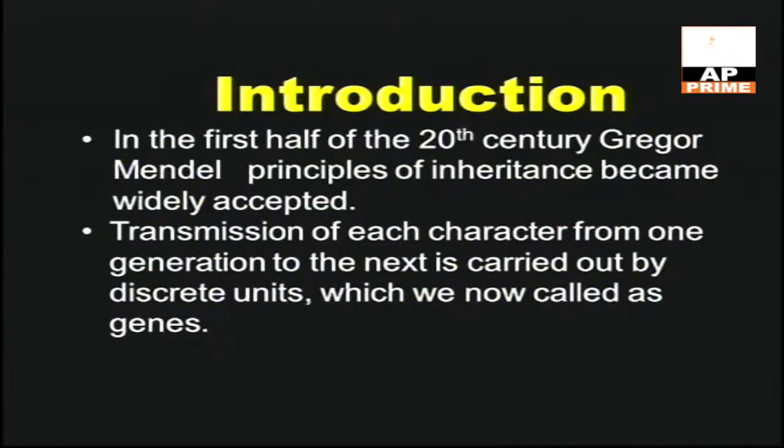So first let us come to know the introduction part. In the first half of the 20th century, Gregor Mendel's principles of inheritance became widely accepted. But the chemical nature of hereditary material remained unknown. Based on his experimental investigations, Mendel concluded that development of characters was due to the presence of particular factors which were called genes, and these factors were transferred from one generation to another.